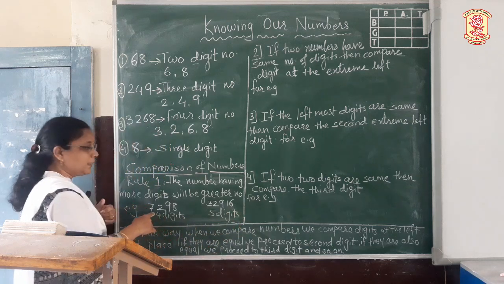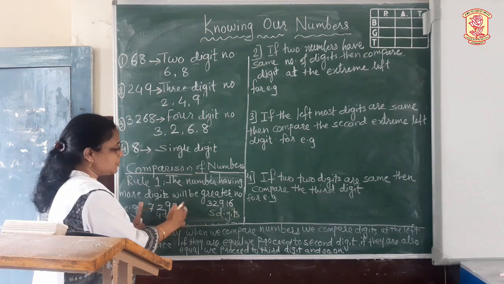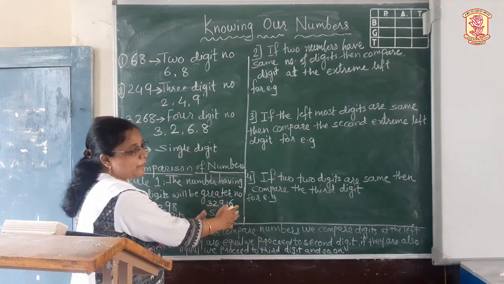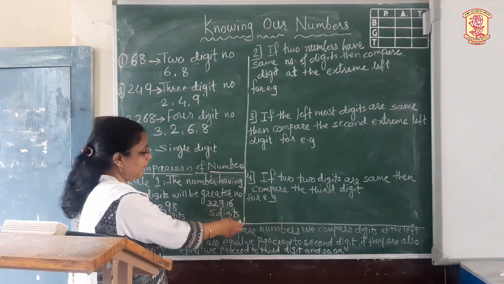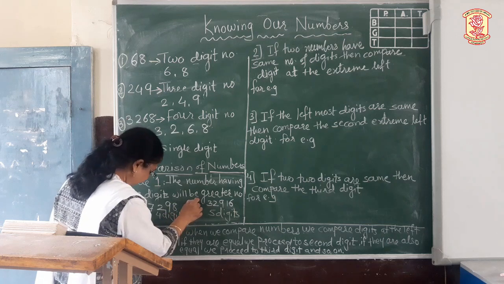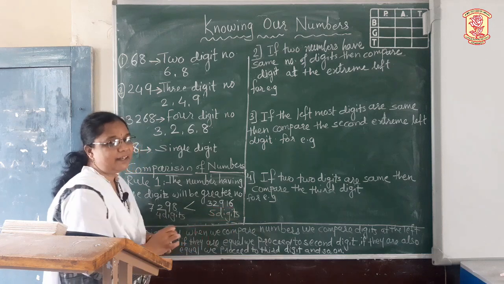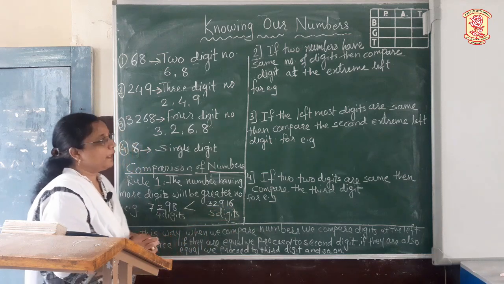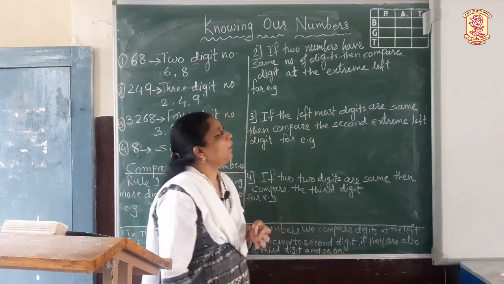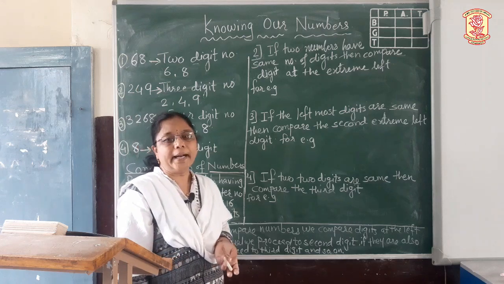That means the number which is having the fewer digits is the smaller number, and the number which is having more digits is the greater number. Therefore, 7298 is smaller than 32,916.